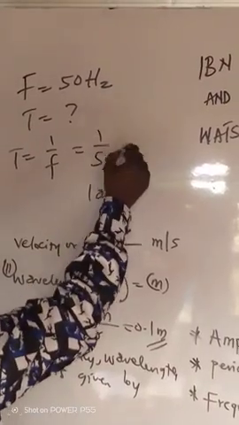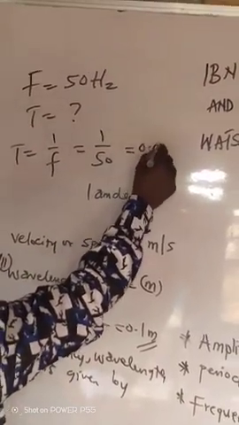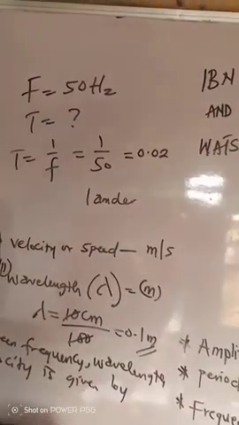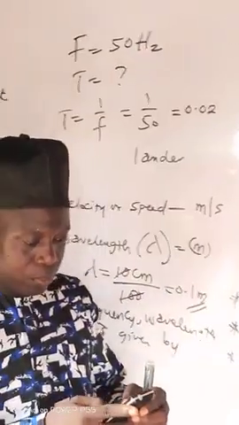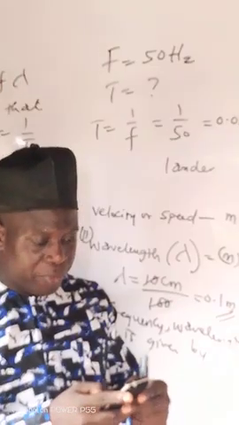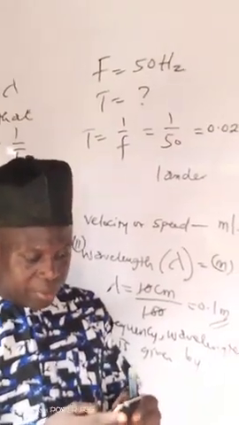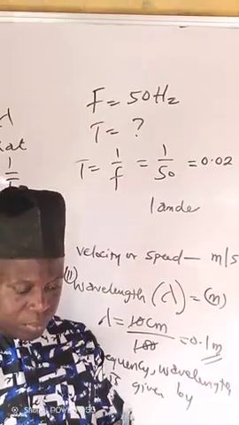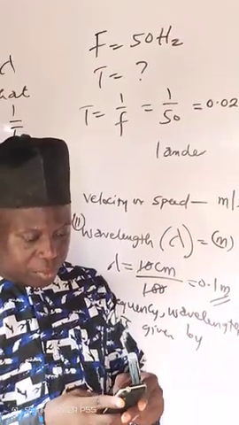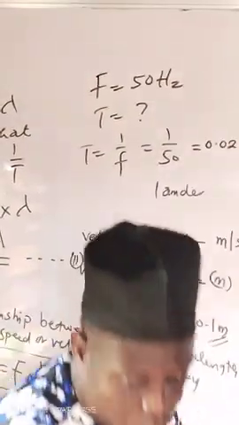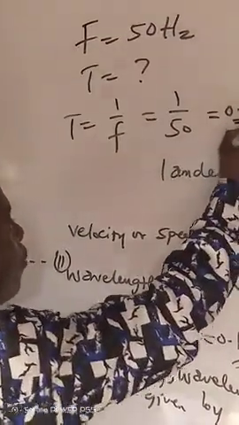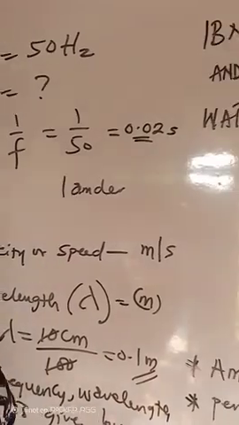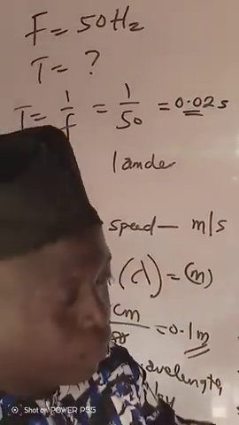Then 1 divided by 50 is 0.02. Let me use the calculator. 1 divided by 50. It is 0.02. Then what is the unit of period? Second. The unit of period is second.